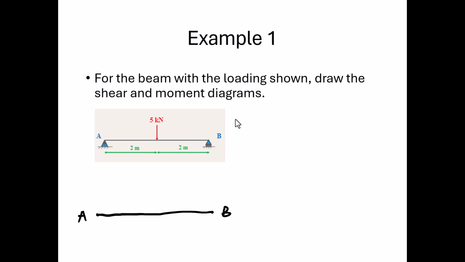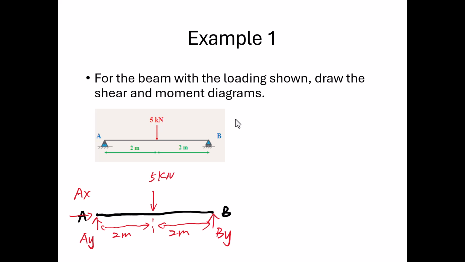You have Ax, Ay, and you have By, and also you have the 5 kilonewton load in the middle. Here the dimensions are 2 meters and 2 meters. So you are given the load on the beam, and you need to find the reactions.